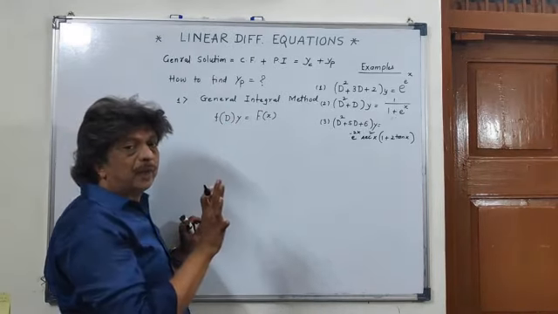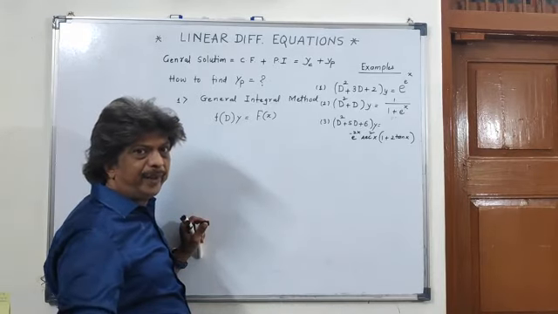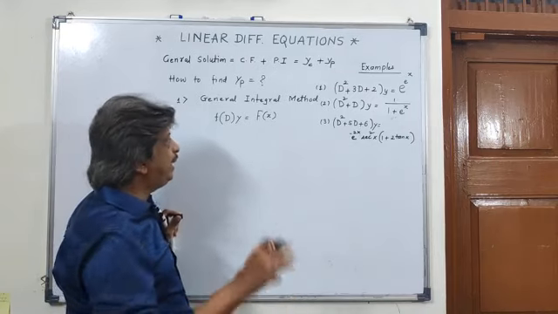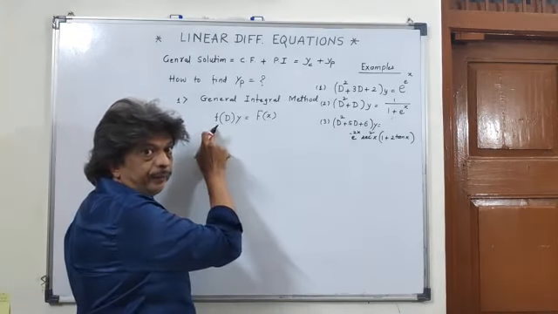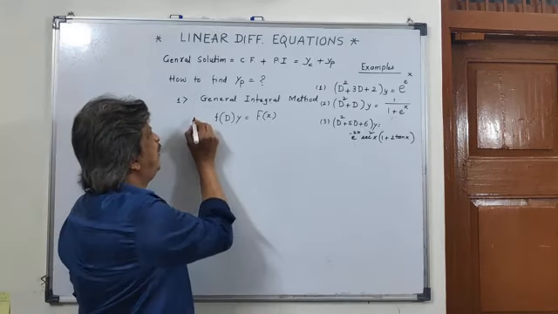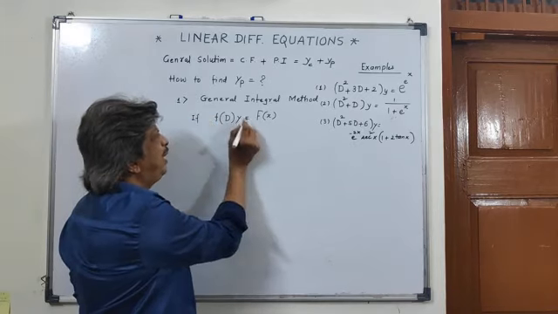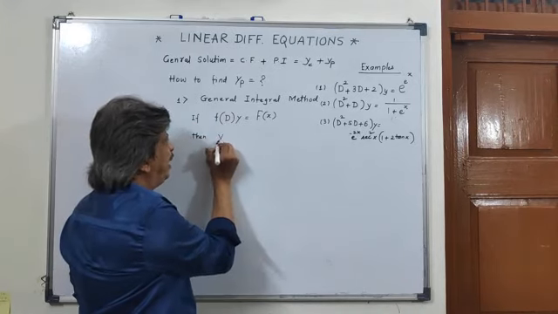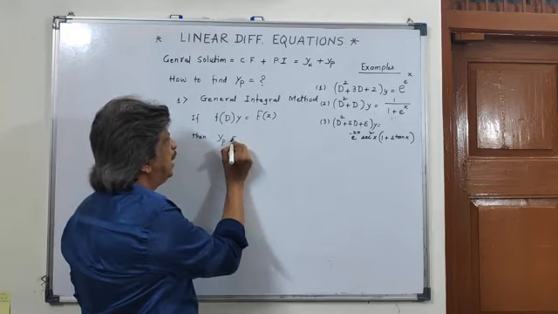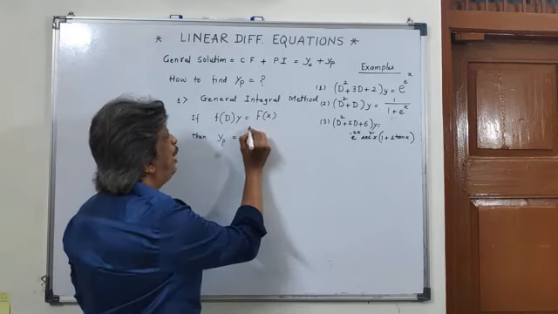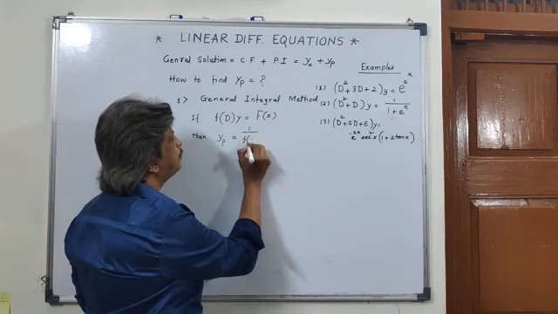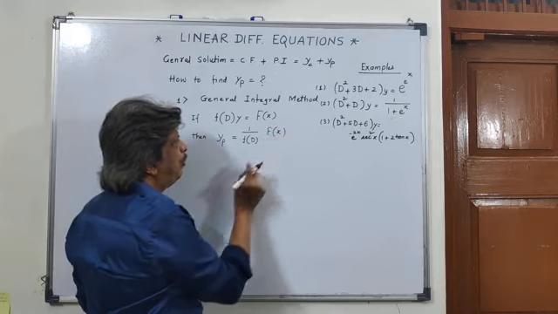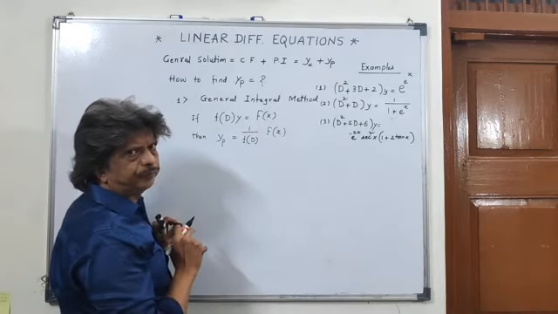So the basic fundamental definition of yp, the particular integral part, from this operator form equation is: if f of capital D into y is f of x, then the particular integral yp is defined as 1 upon f of D into f of x, which is quite obvious from this equation.